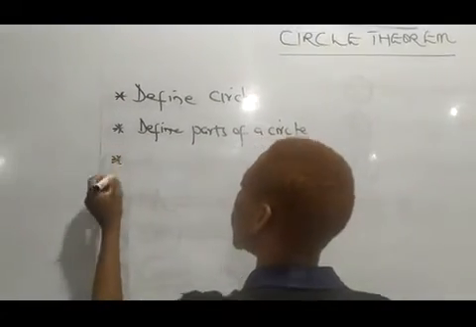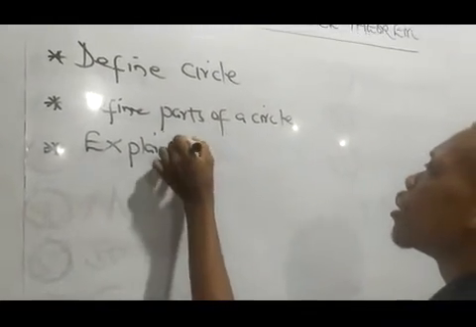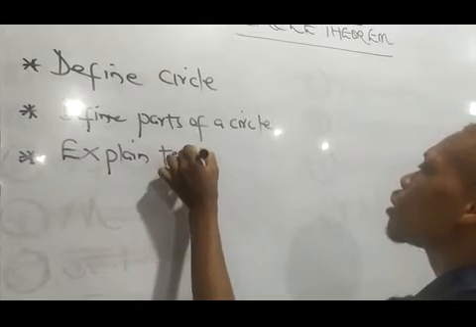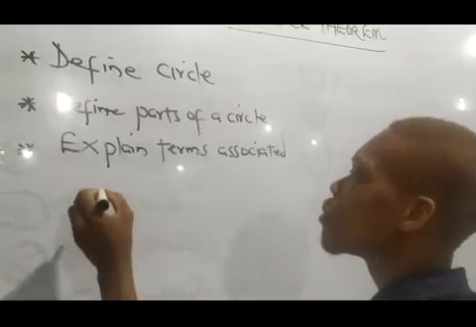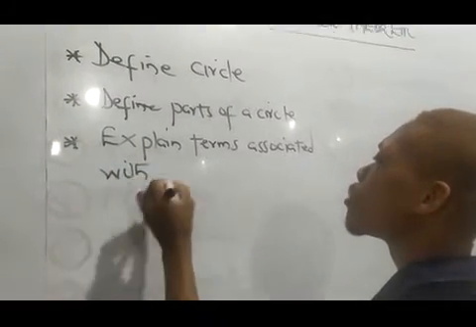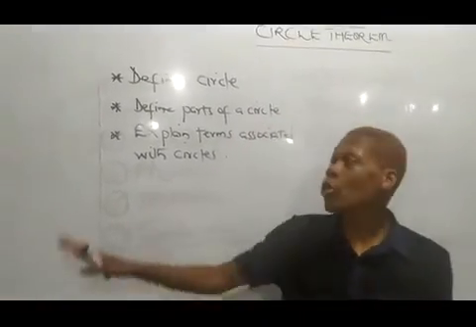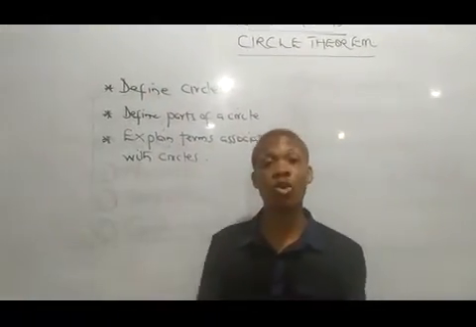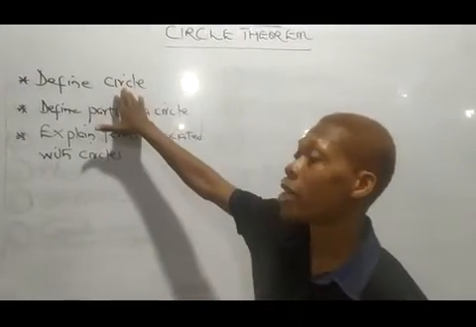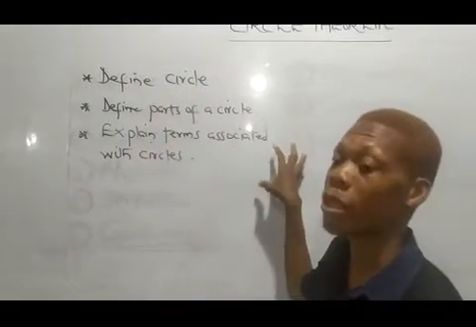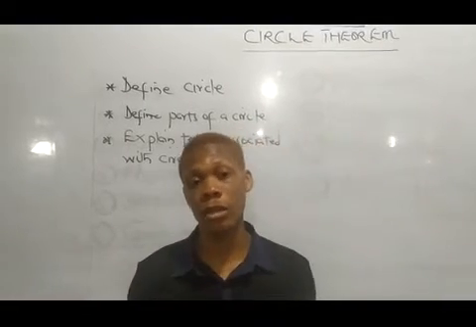Then three, you'll be able to explain terms associated. So we are going to look at these three for today's lessons. By the end of this lesson, you will be able to define a circle, define the parts of a circle, and then also explain some terms that are associated with circles.